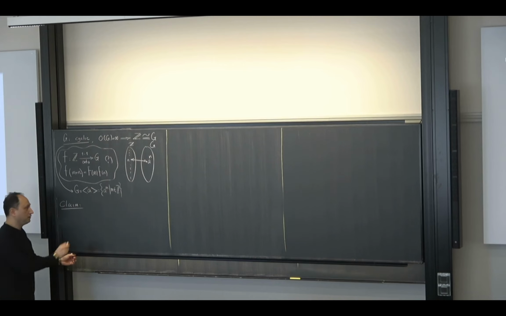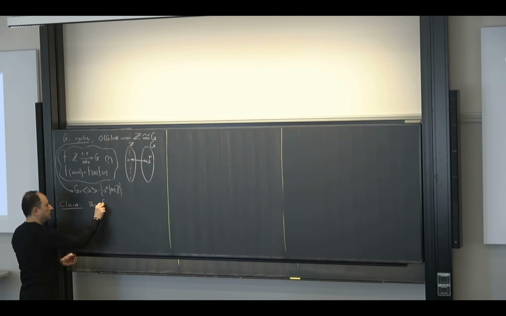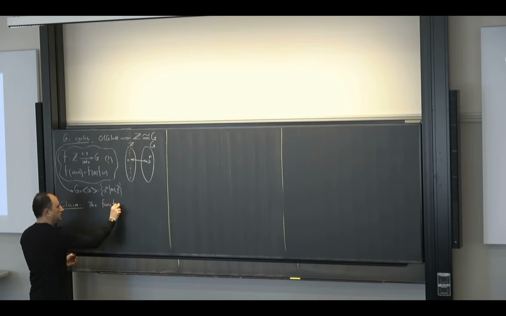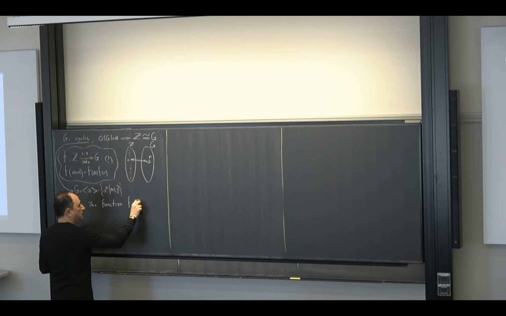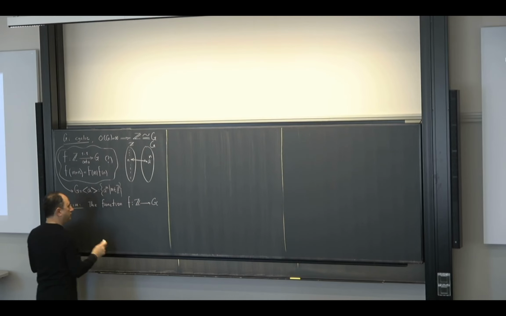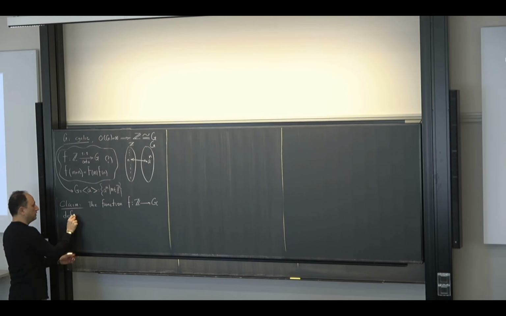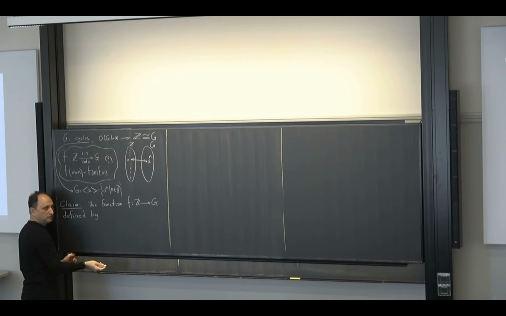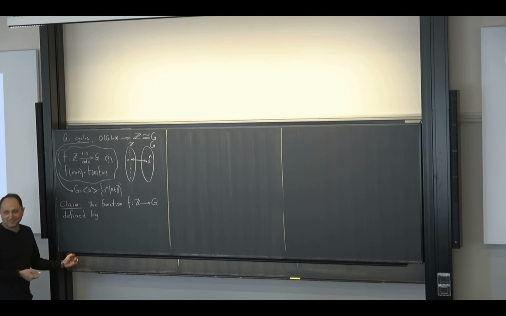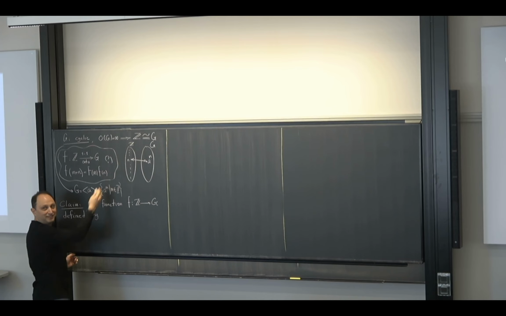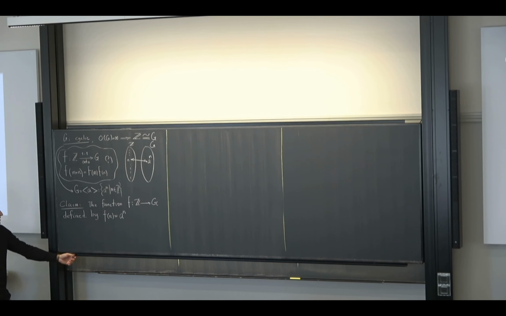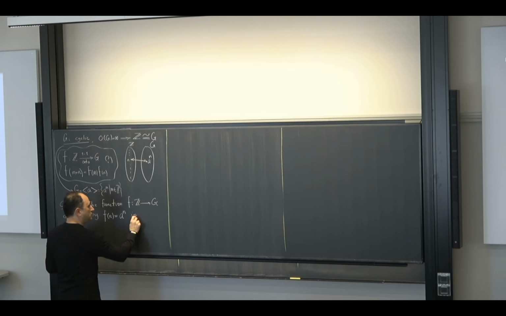Claim: the function f from Z to G defined by, I am waiting for you, defined by what? f of n, yes, equals a to the power n. The function defined this way is an isomorphism.